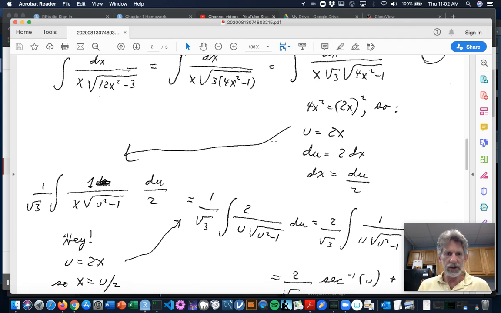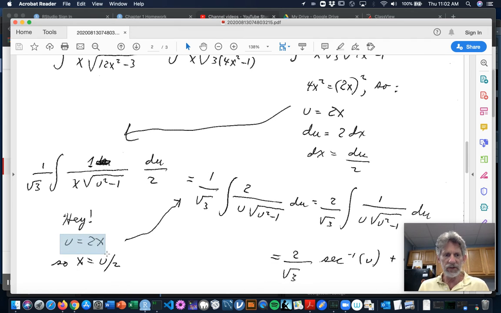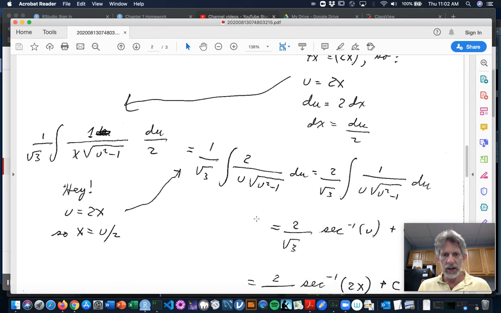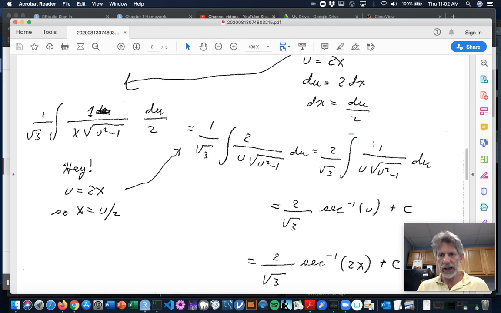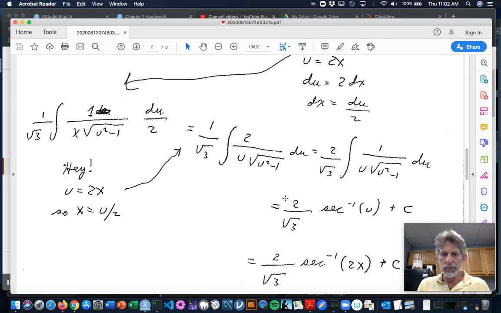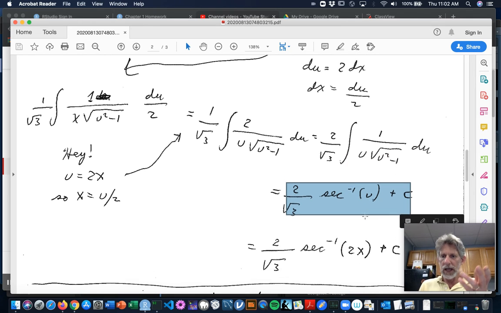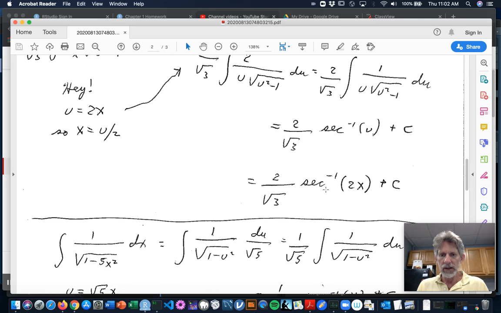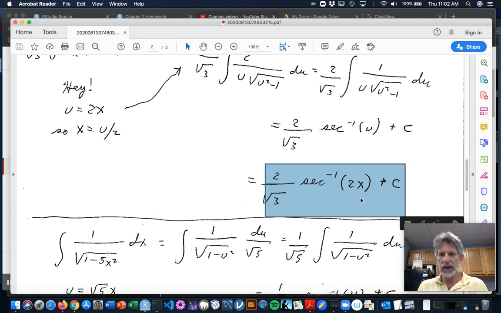And that seems like a terrible problem, except since I let u be 2x, x is actually u over 2 all along. So the 1 over x could go to a 2 over u. I can take the 2 outside, and now I'm looking exactly at an integrand that is the derivative of secant inverse of u. So apply my indefinite integral fact, put the thing back in x's. I'm great.